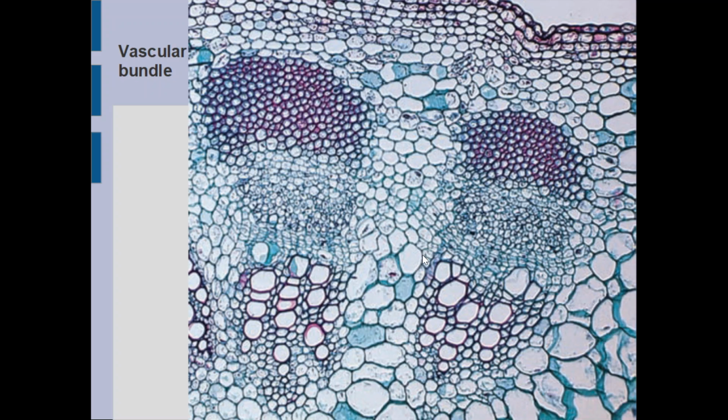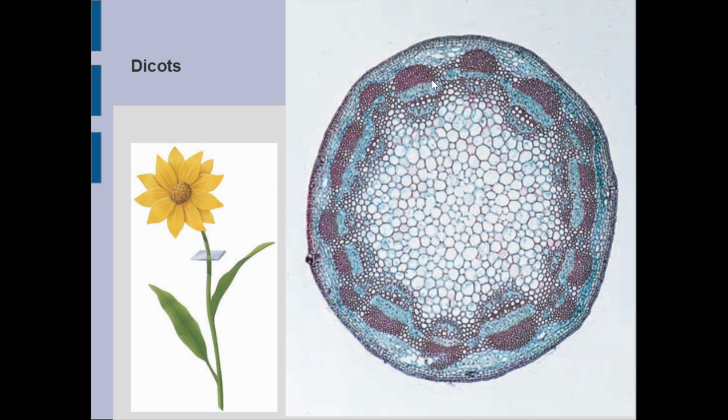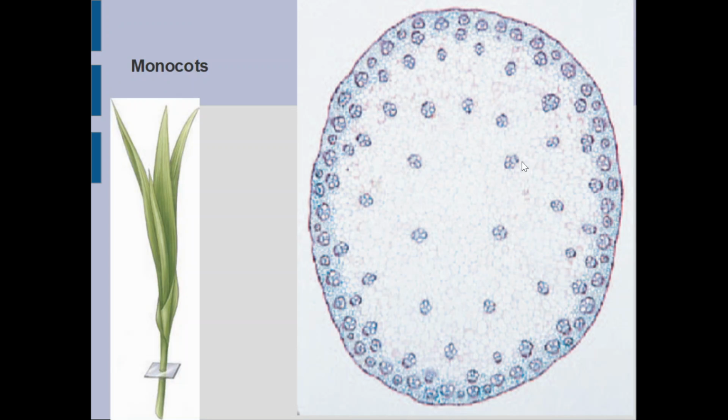So if in dicots vascular bundles are arranged in a circle on the outer side, then the monocots vascular bundles are scattered throughout the stem, and everything else is the same. There is an epidermis layer around, there is a ground tissue, like there is no pith in the center, but the same ground tissue, parenchyma cells.